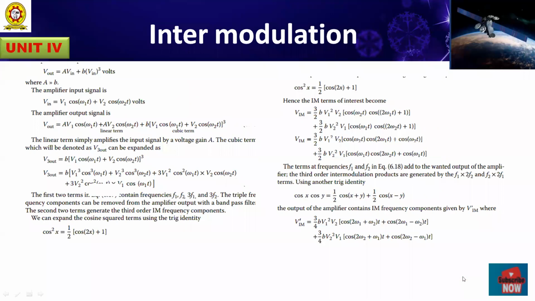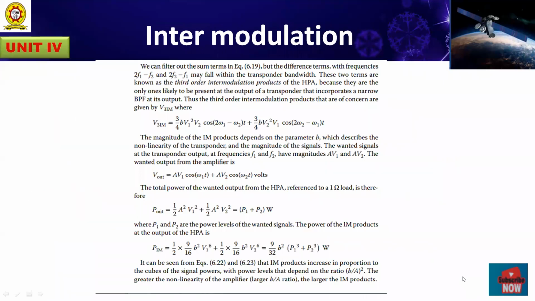VIM dash equals 3 by 4 B V1 square V2 multiplied by cos of (2 omega 1 plus omega 2) T plus cos of (2 omega 1 minus omega 2) T, plus 3 by 4 B V2 square V1 multiplied by cos of (2 omega 2 plus omega 1) T plus cos of (2 omega 2 minus omega 1) T. So this is the empirical relation showing the impact of the IM products.